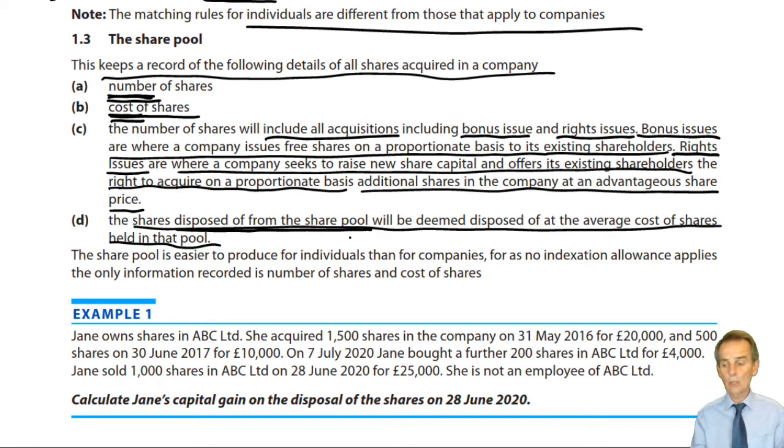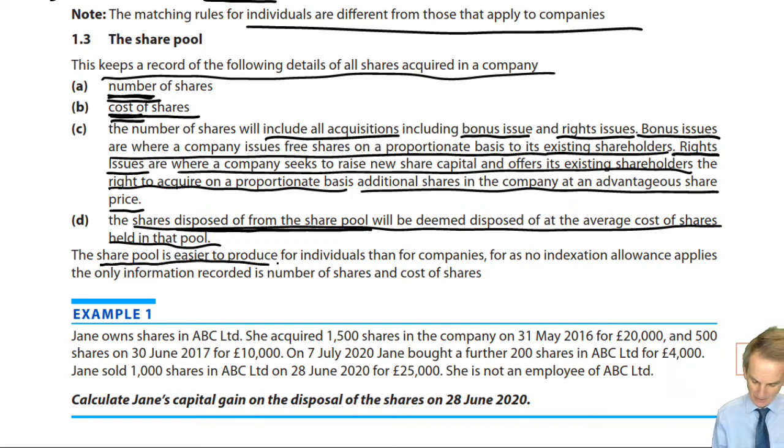We've got our proceeds, we've got our cost, we've got our gain, or we have our allowable loss.